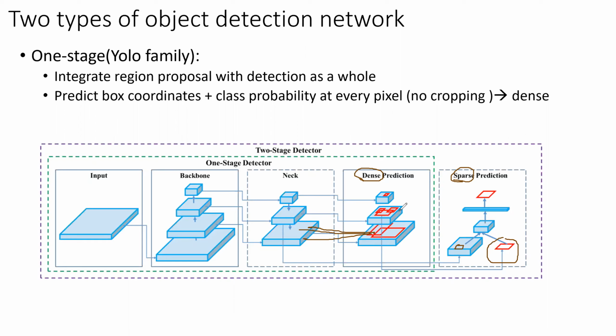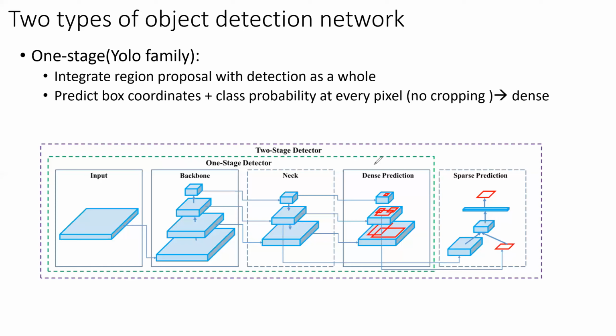So the dense prediction is for bounding box, right? Yeah. For bounding box, and the major difference is that the sparse prediction is more like a refinement of the dense prediction. So for example, the dense prediction reports a set of bounding boxes, and the sparse predictions do the refinement and remove some parts of it, am I correct?